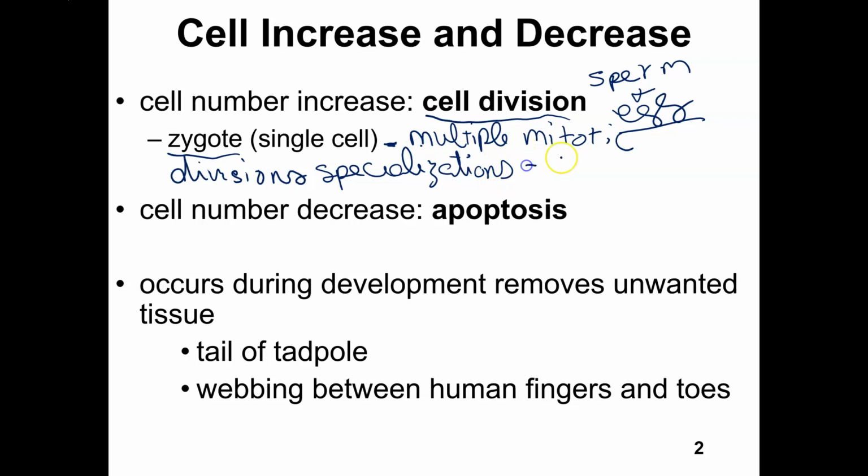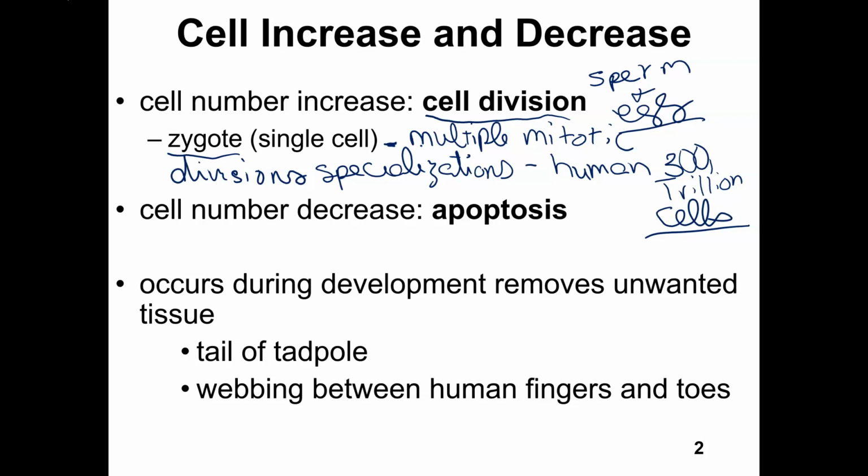And we produce a human that consists of 300 trillion cells. And that actually is only the human cells. We also are composed of a lot of bacteria, way more bacterial cells than human cells.